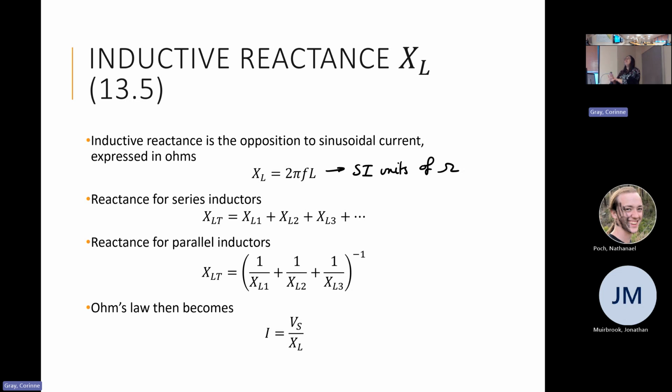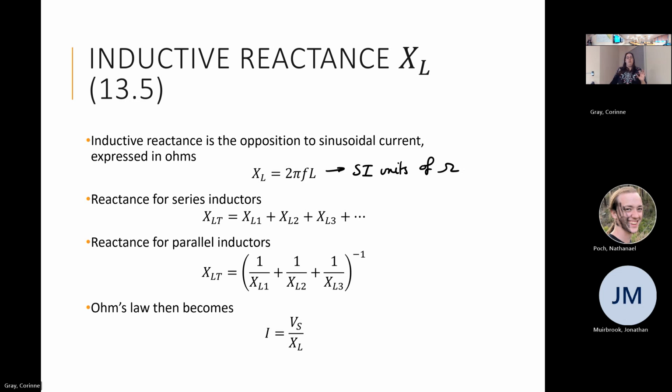But I do promise you, they are useful because it's a lot nicer to deal with everything in terms of ohms, rather than trying to do everything in terms of Kirchhoff's loop law or Kirchhoff's voltage law. Because then we do everything with voltages, with each one having its own unique equations with how it interacts with volts, versus this is just, hey, treat everything like a resistor.